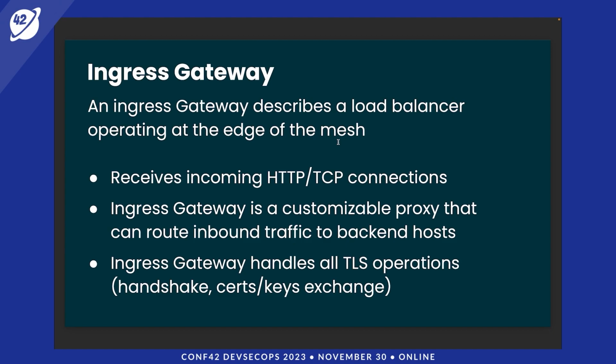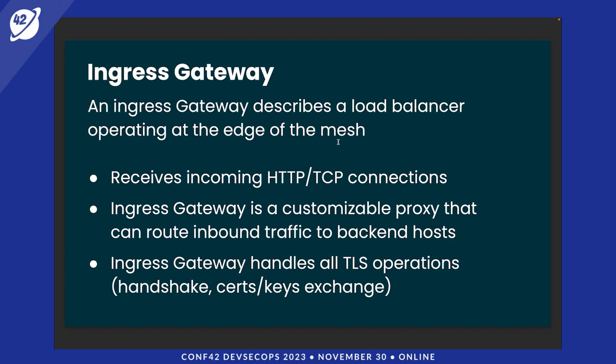The ingress does the TLS encryption or TLS termination. You can have different rules for how you want to route the traffic and how you want to manage the incoming requests.